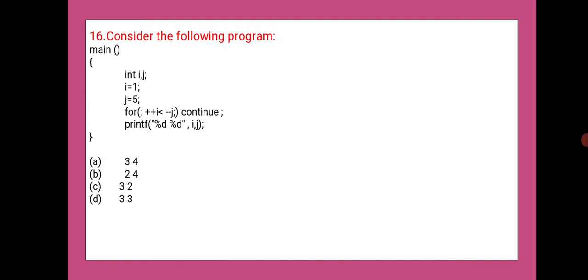The output of this program would be what? 3 4, or 2 4, or 3 2, or 3 3. See, when i equals 3, j is 3. The condition is false, so the loop terminates there. Hence, it prints only 3 and 3. Got it? The answer would be D.